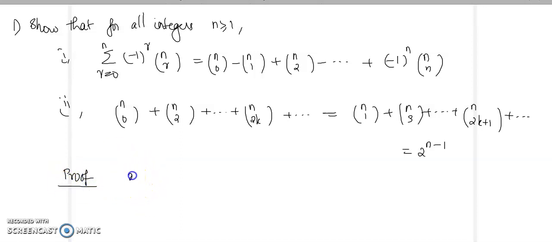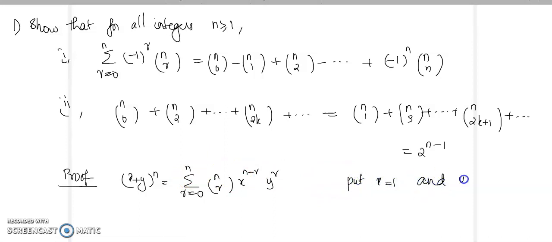So we have (x plus y) whole raised to n is equal to summation r equal to 0 to n nCr x raised to n minus r y raised to r. So this is a binomial expansion. Now for obtaining this, put x equal to 1 and y equal to minus 1.